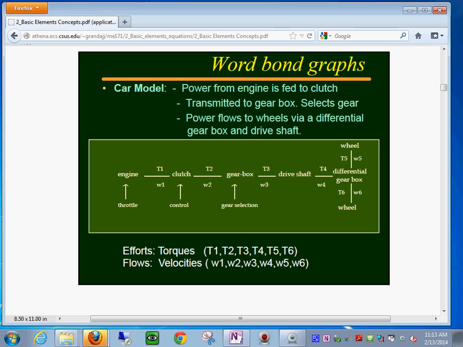So in here you have the engine. Of course, it has an input, which is the throttle. The clutch also has a control position, and the gearbox also has an input for different speeds. And then later on over here is the differential, and then the wheels. So this is the model of an entire vehicle using the word bond graph concept.